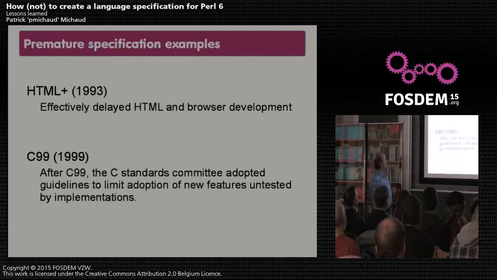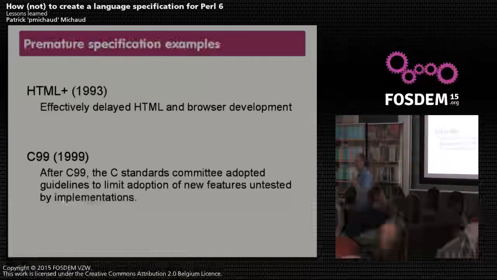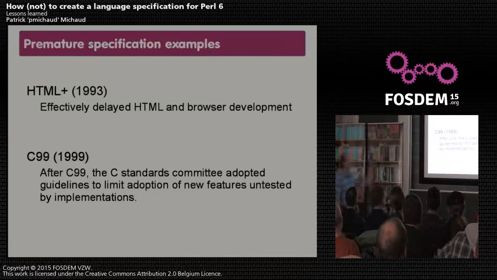Doing research for this talk, C99 came out in 1999. And after that, when they were coming up with C11, which is the 2011 standard for C, the C Standards Committee adopted new guidelines. And the new guidelines were specifically to overcome the problems that showed up in C99, where things went into the specification, but there were no implementations of those.